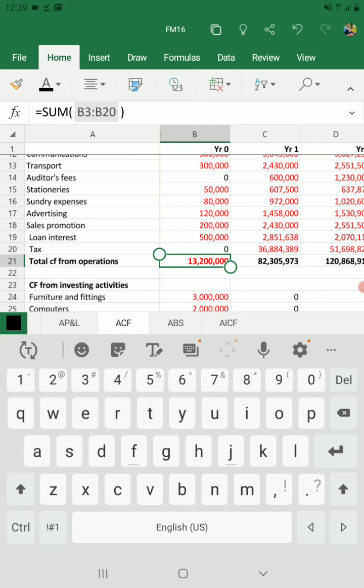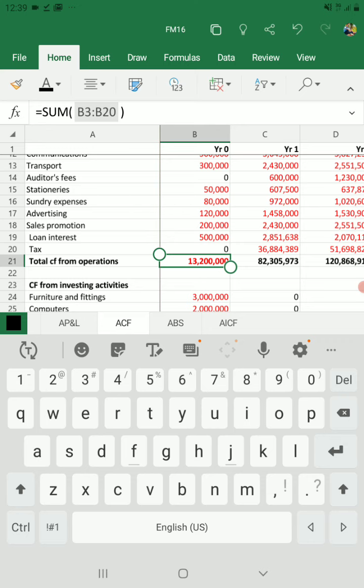So adjustments for non-cash items are not accounted here in total cash from operations. And also, this total cash flow from operation has already accounted for the working capital requirements.